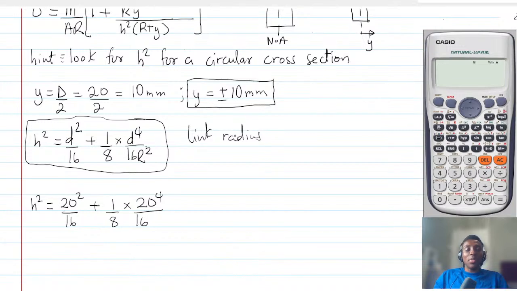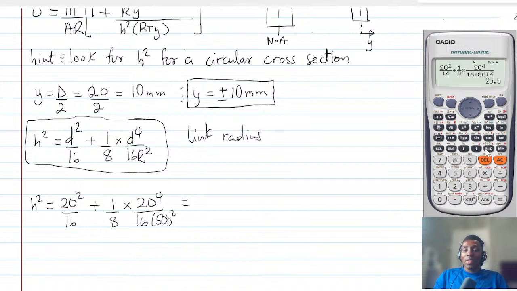So essentially it's going to be 50 squared. Let's calculate h squared. It is 20 squared divided by 16 plus 1 over 8 multiplied by 20 to the power 4 divided by 16 multiplied by 50 squared.